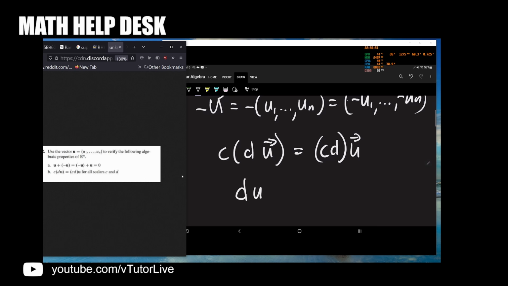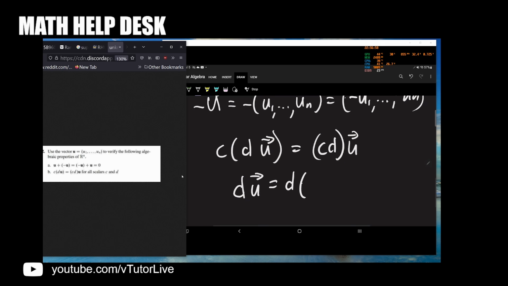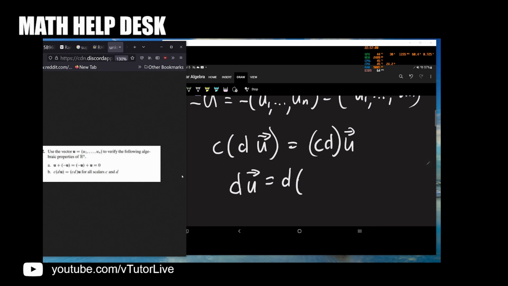The way to write these proofs is to literally start with what's over here and then massage it into what's over there. So I would write c du as c times d times u1 dot dot dot un, and then I would move the d inside so that it's du1, du2, dot dot dot, etc. And hopefully you can massage around it from there.